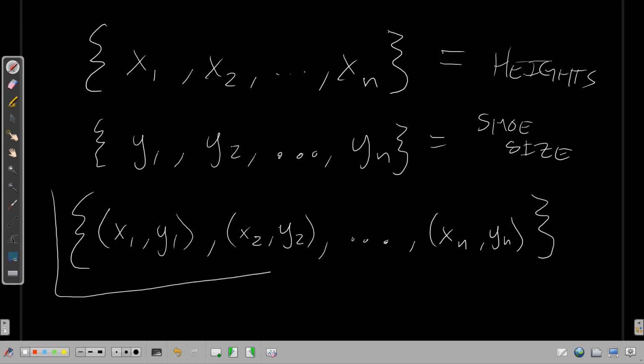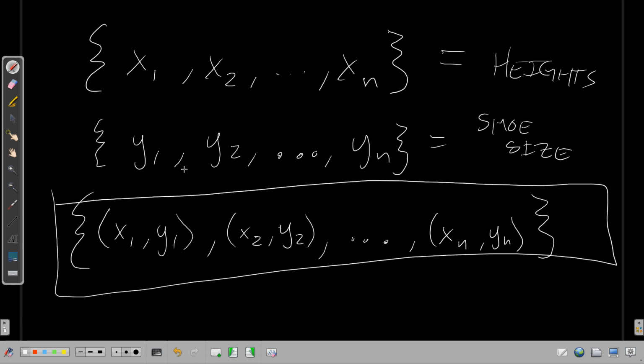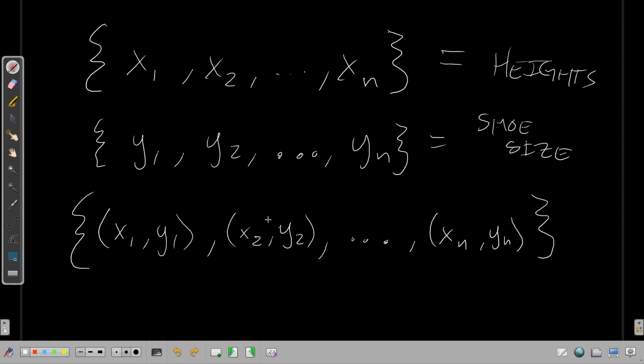It would be this pairwise set of data, and I could extract from that just this collection of the shoe sizes.